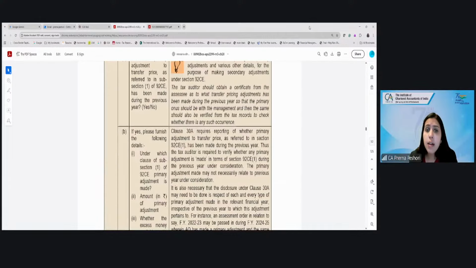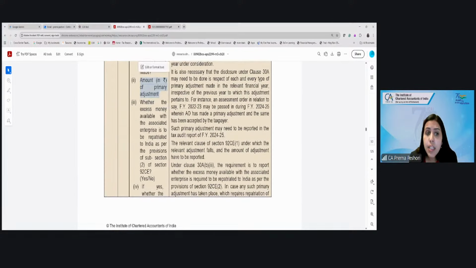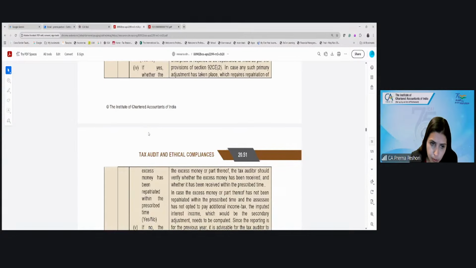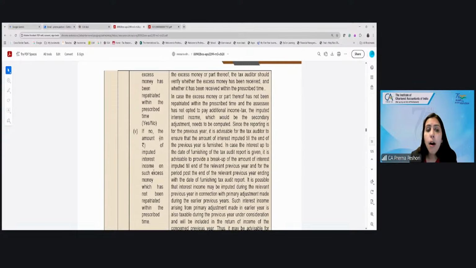So here they are asking about the same thing. If the primary adjustment is made, what is the amount of primary adjustment, and whether the excess money is repatriated within the 90 days. If yes, whether the money has been repatriated within the prescribed time. If no, then the amount of interest on the excess money which has not been repatriated.